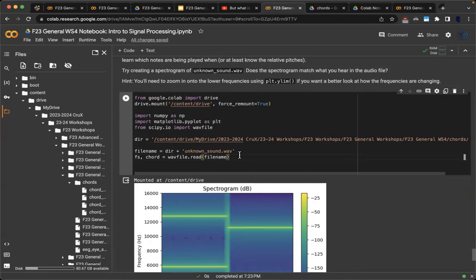All right. Was anyone able to make their own Fourier transform or spectrogram that they're excited about?